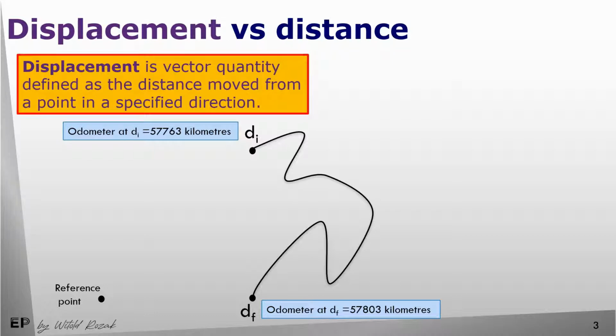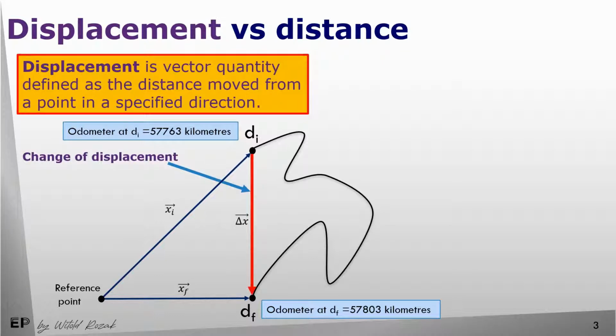Initial and final positions can be described by two displacement vectors starting from a reference point. Initial and final displacement vectors are shown on the diagram as xi and xf. We could say that the journey started at a certain distance northeast from our reference point and ended at another distance, this time east from our reference point.